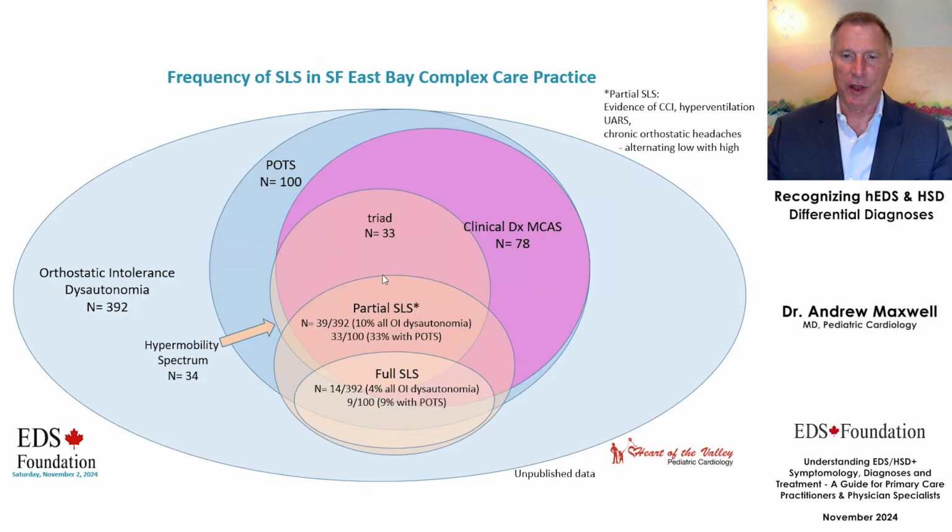We found in those same 100 POTS patients, actually the nearly 400 dysautonomia patients, about 9% of those with POTS ended up having full spiky leaky syndrome where they leak CSF, and 33% had evidence of craniocervical instability, upper airway resistance syndrome, hyperventilation during the daytime, and chronic orthostatic headaches that alternated between a high pressure headache and a low pressure headache. Maybe not fully leaking, but on their way.